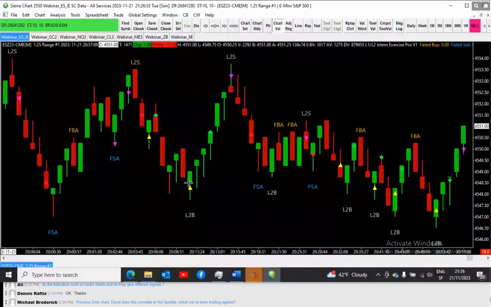Now you see a number of characters and symbols on the chart. So L2B means that's the level 2 buyer. It's basically where we've had a swing low, which is a level 1, and followed by a lower low, which is level 2, when it moves back into the value area.